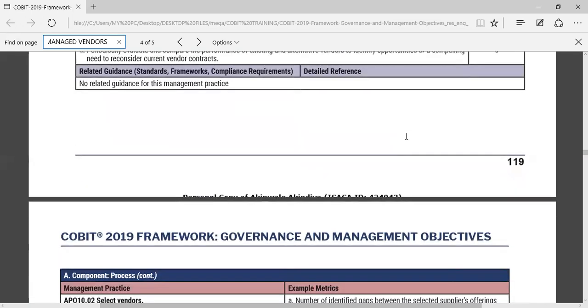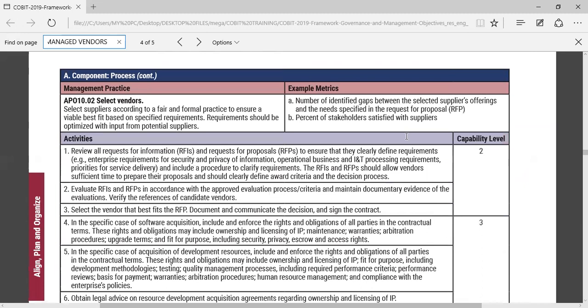So the second management practice, select vendors. Look at the metrics we have here. Number of identified gaps between the selected suppliers' offerings and the needs specified in the request for proposal. The request for proposal is a documentation of your requirements as an organization, your needs. So we have 10 vendors.